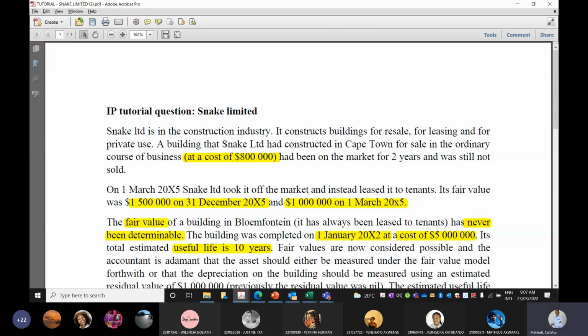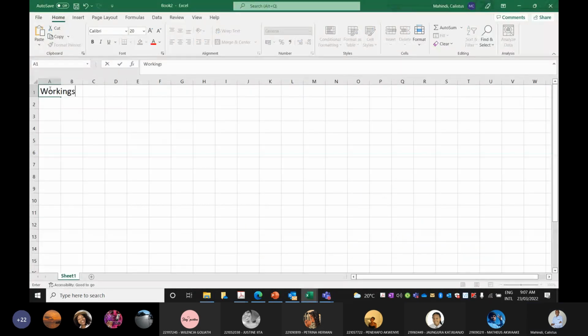So you would have already written down that this is a change of use from inventories to investment property. Okay, let me do my workings here. So we know, let's just say Cape Town property.